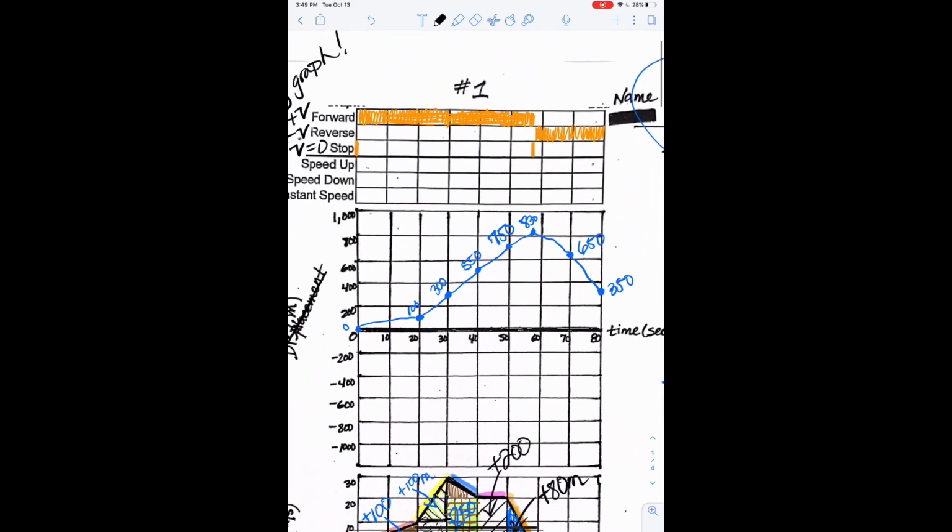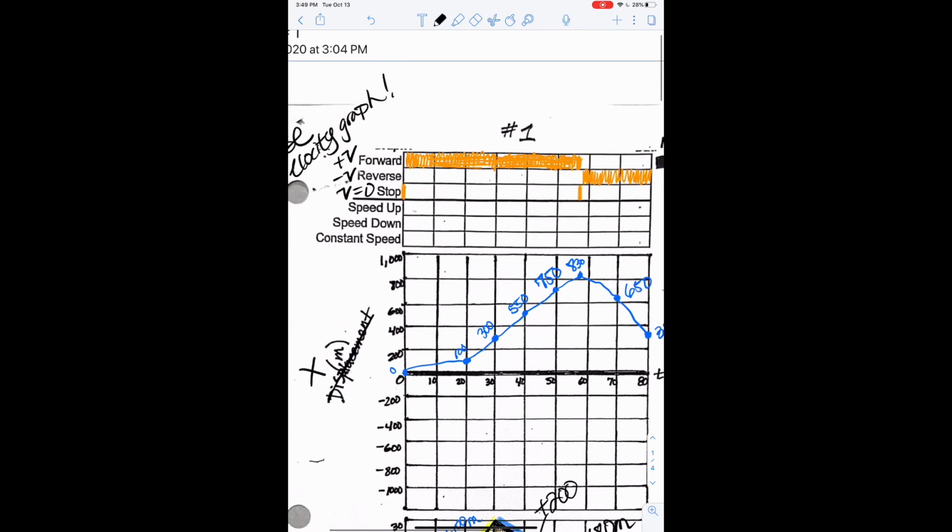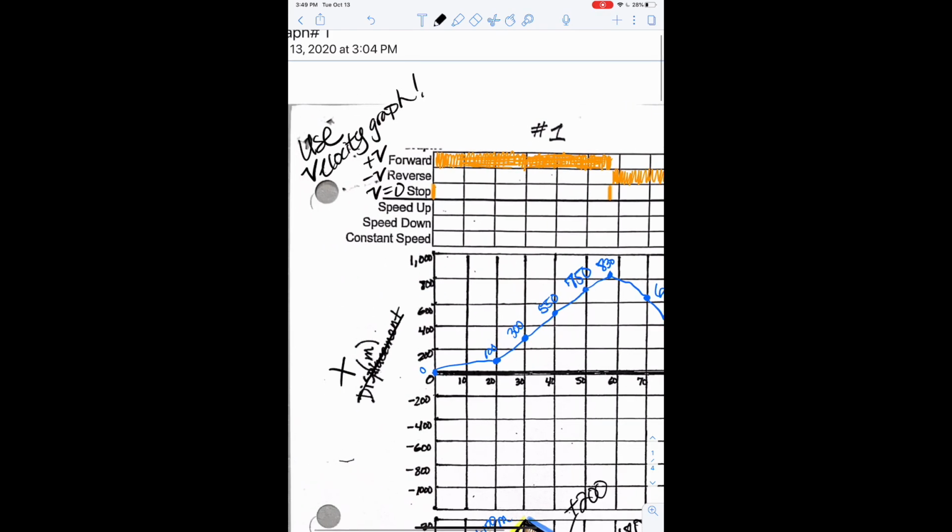All right, so let's do the last part: speed up, speed down, and constant speed. Once again, we're looking at velocity. When we're speeding up, our velocity is going away from 0. When we speed down, we have velocity toward 0.